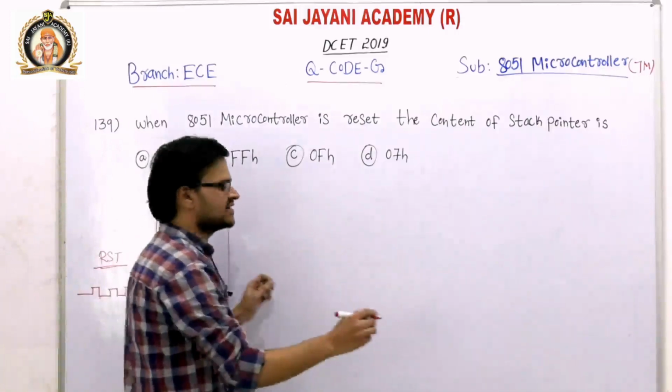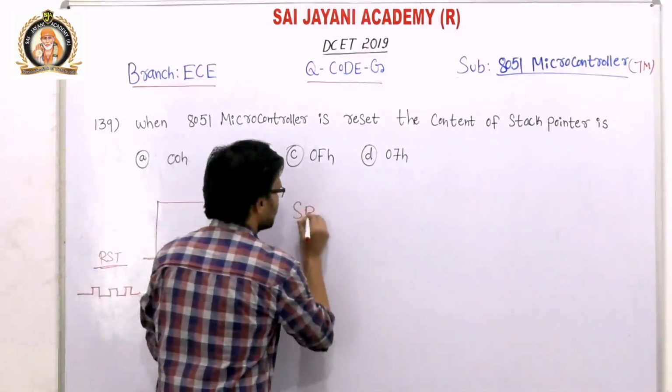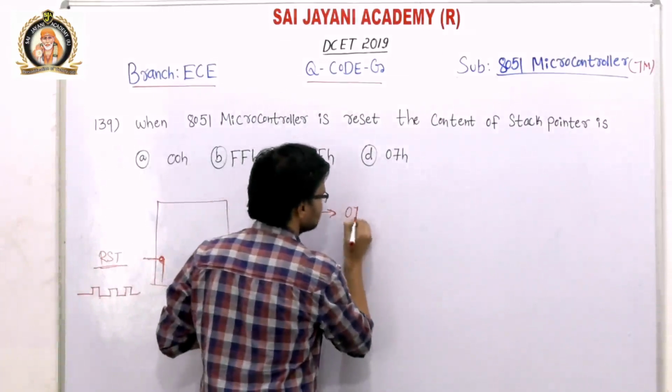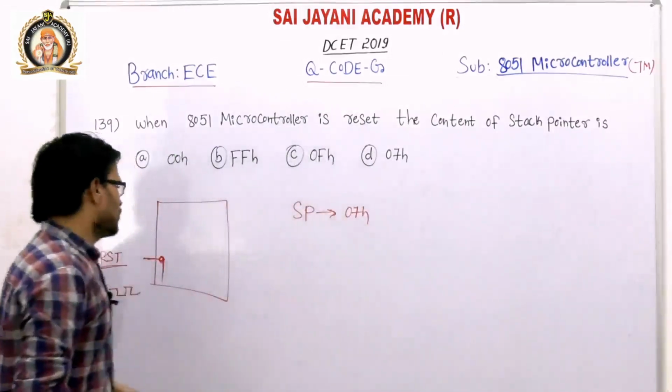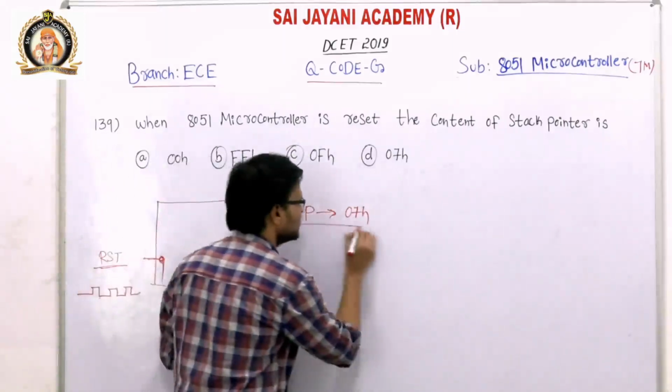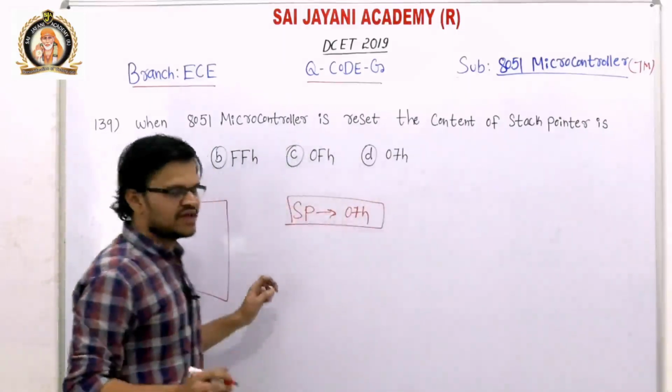So at reset condition, the stack pointer is set to 07H. When the microcontroller becomes reset, the stack pointer is set to 07H.